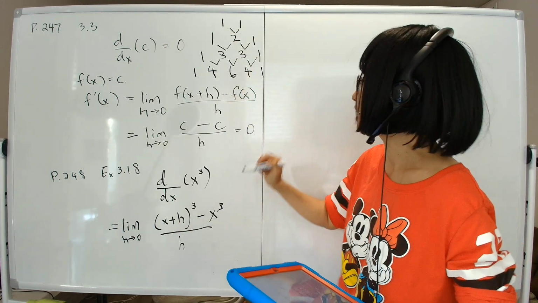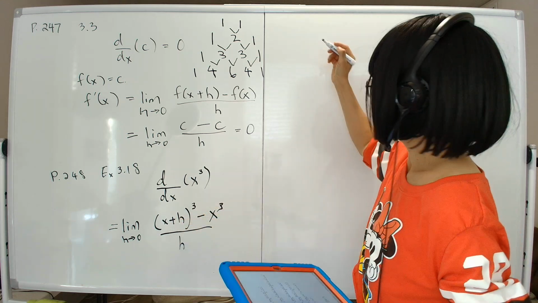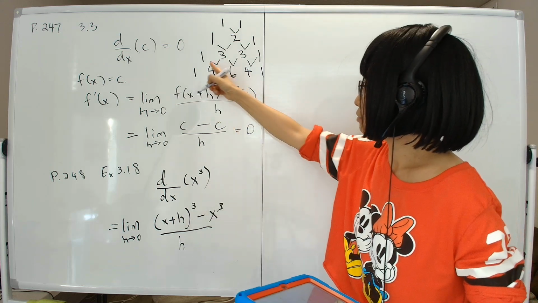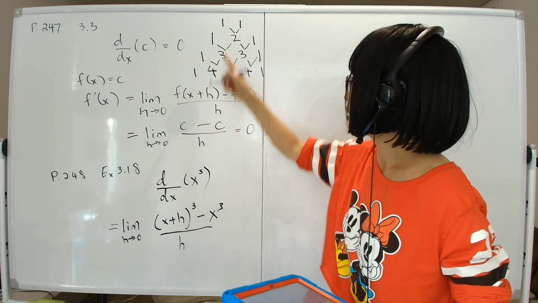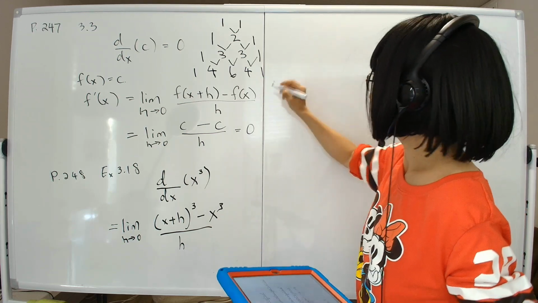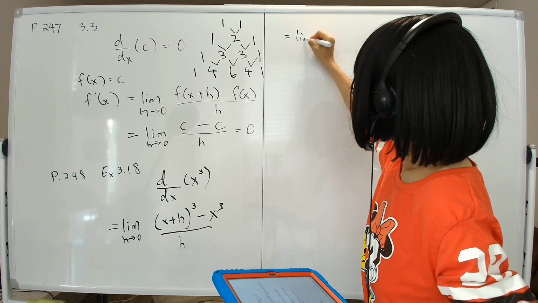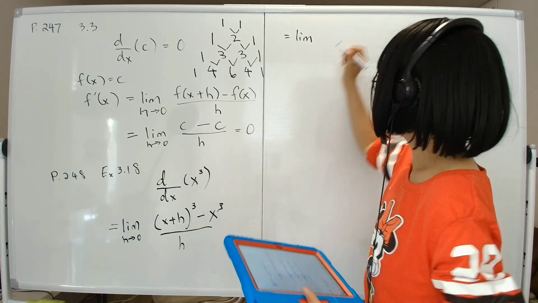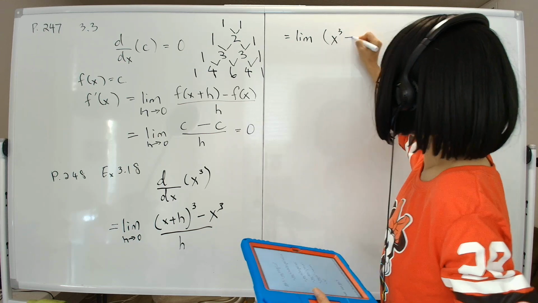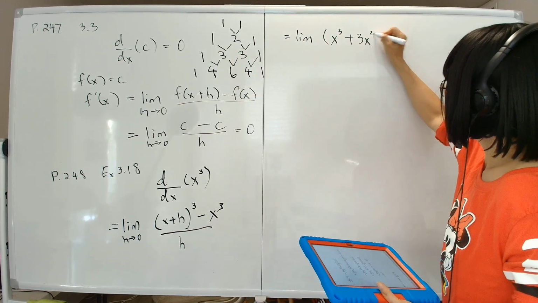Okay, that's the trick. And to expand this thing, the rule says that you will go following this. We're on the third level, the third power. So the third level is 1, 3, 3, 1. Therefore, the expansion of x plus h to the power 3 equals x to the power 3 plus the second number, 3 x squared h.